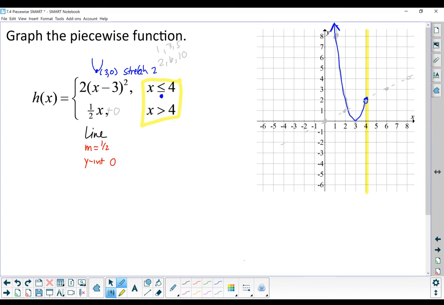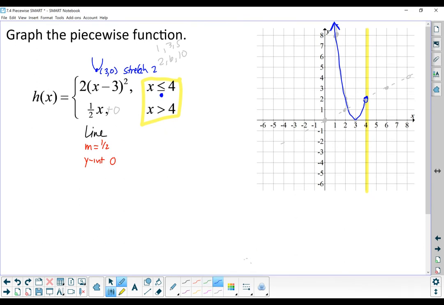Now we only want to keep a piece of that line, the piece where x is greater than 4 with an open circle on the boundary. Now if I draw an open circle, it's actually in the same spot as that closed circle. So you can't even see that there's an open circle there because that closed circle is like filling the hole.